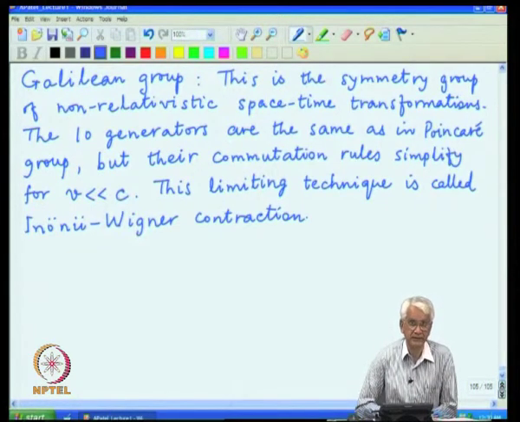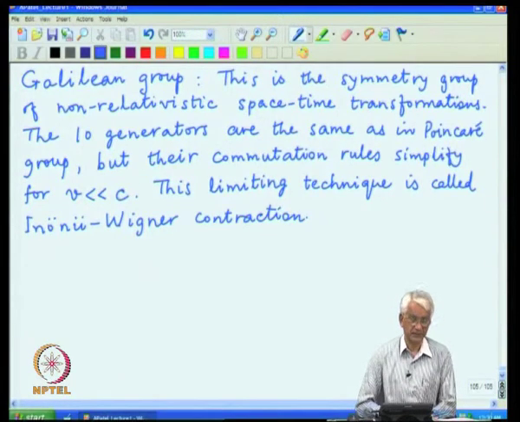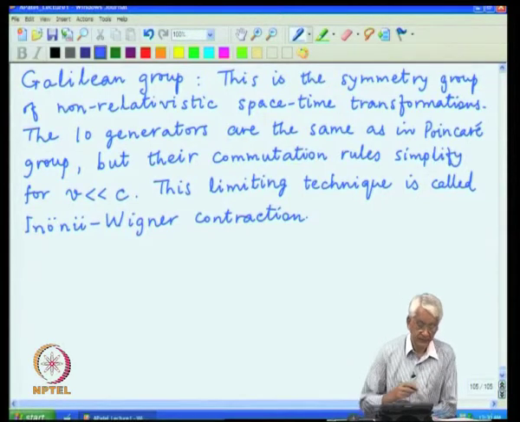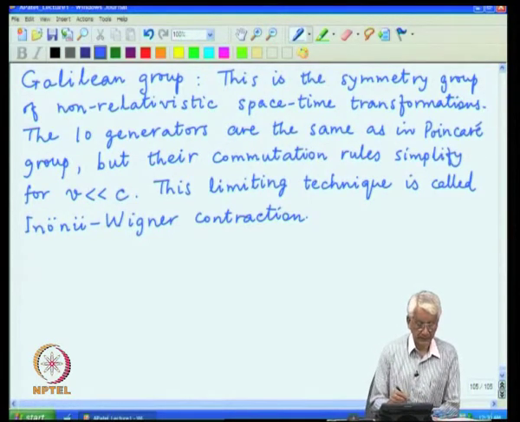You take all the commutation rules, scale all the generators appropriately depending upon their magnitudes, and basically throw out all the terms which are of lower order, keep only the leading order terms, and that gives a new set of commutation rules.